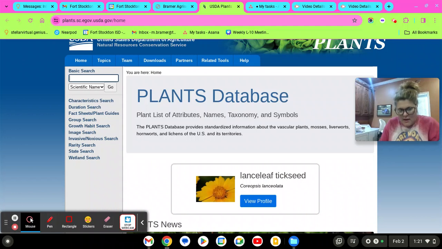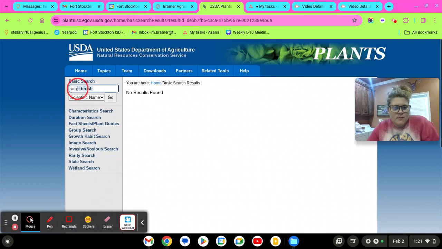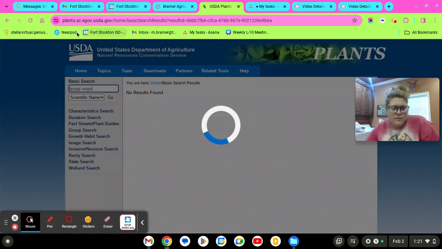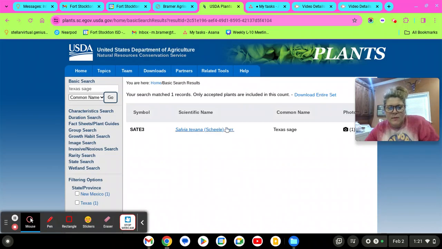Let's look up sagebrush. Or not sage. Texas sage is what I'm looking for. Oh, well, I have scientific name. Now I need to change it to common name. There we go.